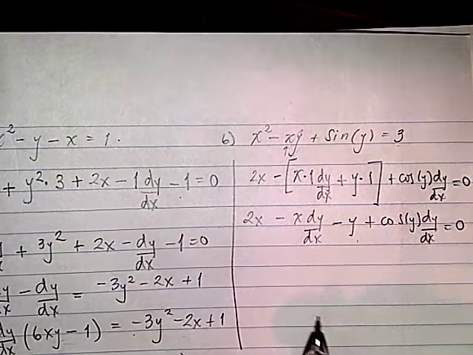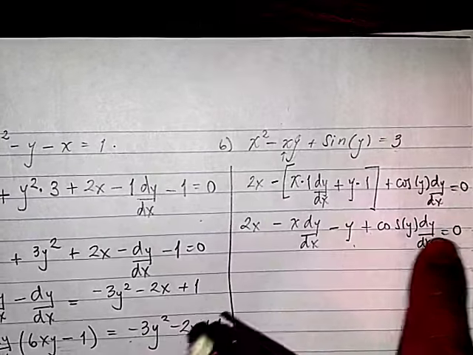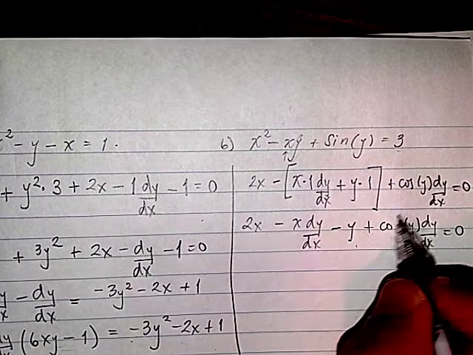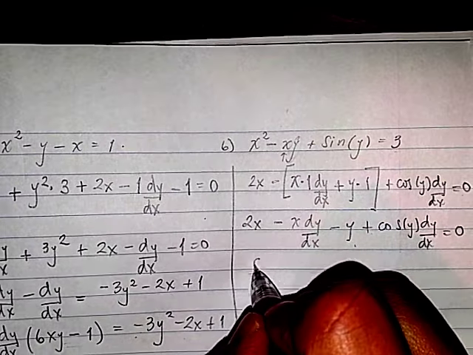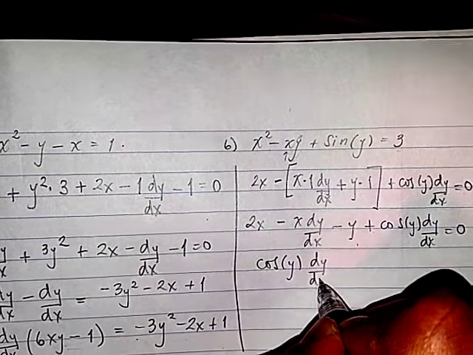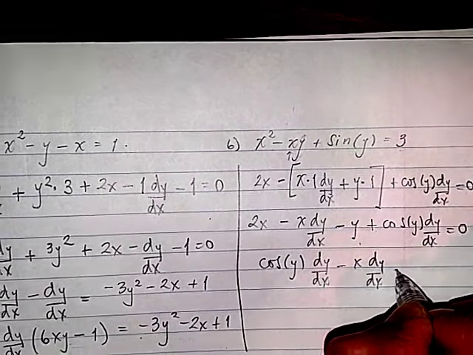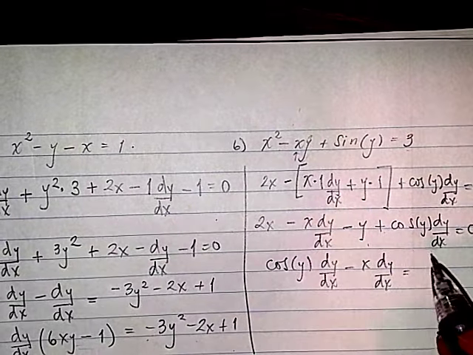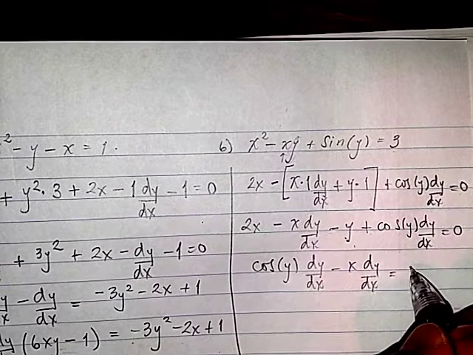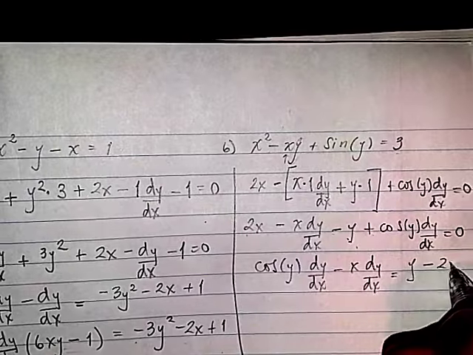Okay. So same thing, I'm going to keep my dy dx's on the left, everything else on the right. So I'm going to put this guy here first, just because it's positive. So cosine of y dy dx minus x dy dx is equal to, everything else is on the left, negative y becomes a positive y, positive 2x goes over, becomes a negative 2x.